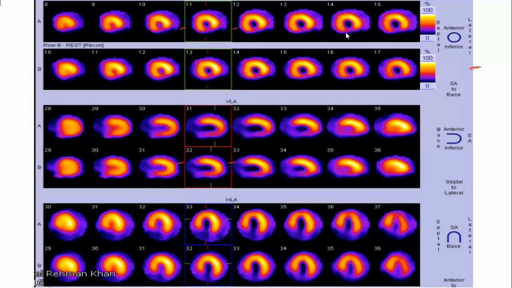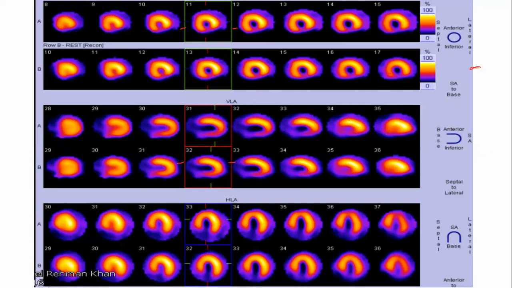And is it reversible? No, it is not reversible. Present at stress as well as rest, and it's almost of this color, so it's almost of moderate intensity. Okay? So there is a fixed perfusion defect of moderate severity involving apical inferior, mid inferior and basal inferior segments.